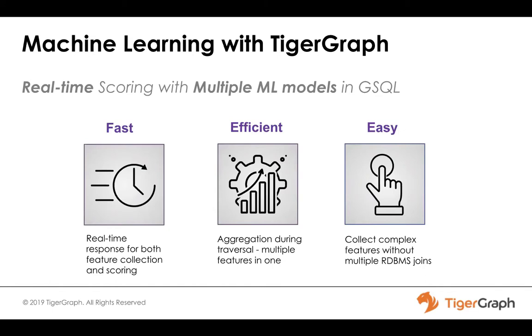It's also very efficient, meaning in TigerGraph you can aggregate during the graph traversal, and you can do multiple features in one GSQL query. And it's very easy because you can collect very complex graph features without multiple RDBMS joins. Just think about if you want to collect these features in relational, you might need multiple joins, and it's not going to have the real-time graph feature, this type of SLA.